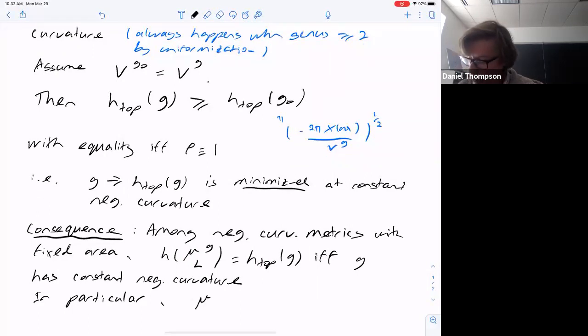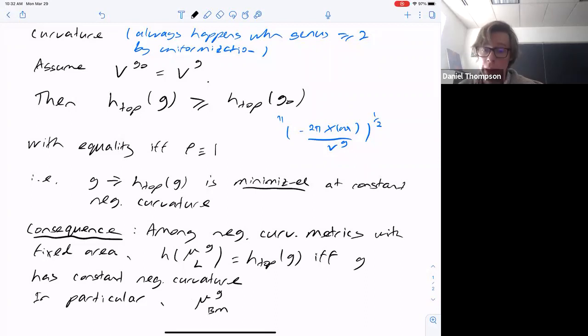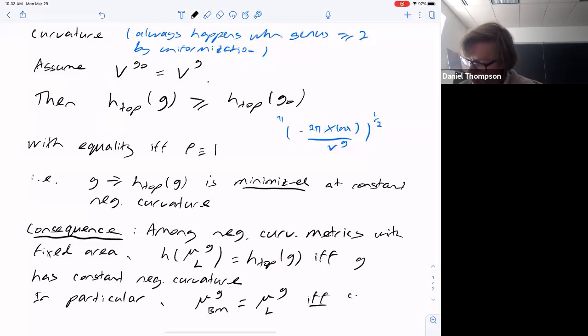So in particular, the Bowen-Margulis measure, i.e. the measure of maximal entropy, the unique measure whose entropy is equal to that number, equals the Liouville measure. So the Bowen-Margulis measure and the Liouville measure are the same if and only if G has constant negative curvature.